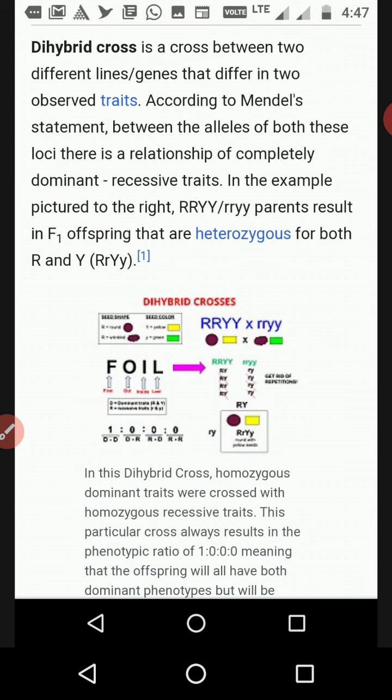So two factors in the second parent: shrunken seed with green color, and the first parent has round seed with yellow color. Two characters are there.